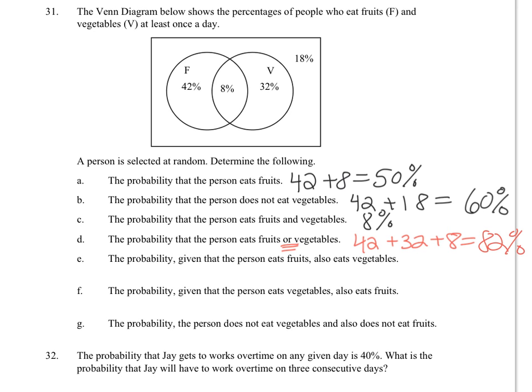Okay, given that the person eats fruit, so that means my denominator is 42 plus 8, which is 50. Also eats vegetables, so that's 8 out of 50. We can divide that and get 16%.